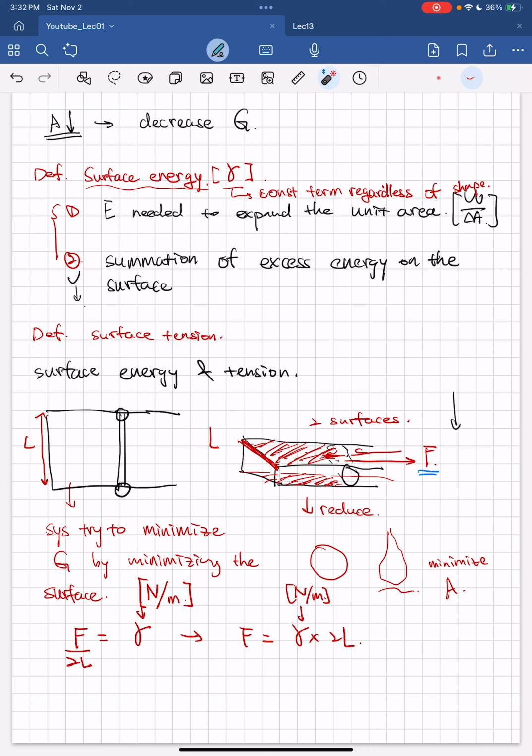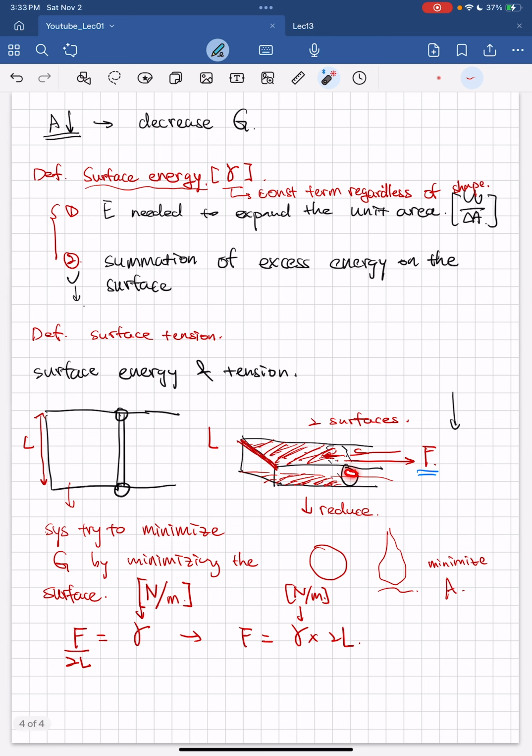So the unit is Newton per meter for surface tension. And you have two surfaces, that's why there's a 2 here. Two surfaces producing that kind of force per meter, so you have to times L. So this amount of force will be here, like this, holding this rod backward.